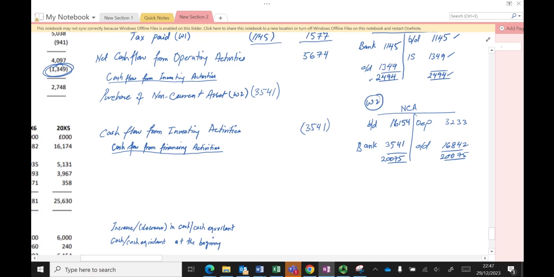Did I sell any new shares or did I buy my shares back? Did I take any loan or did I pay the loan back? And the third thing that appears in our financing activities heading is dividend received. If my company has invested in any other company, my company must receive a dividend, which needs to be recorded in financing activities.